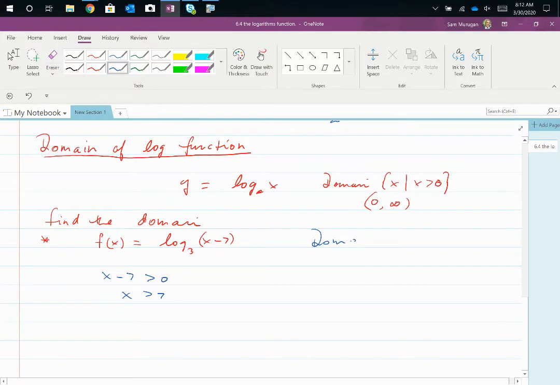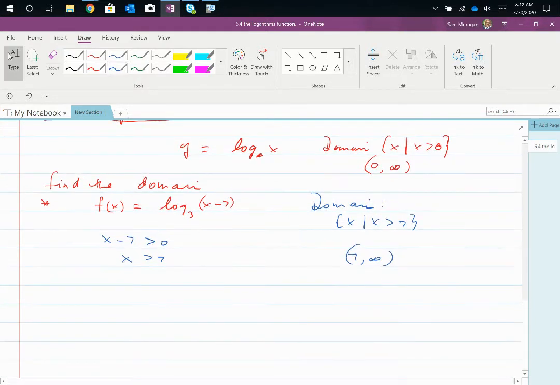Domain, all x greater than 7, or from 7 to infinity, not including 7. In other words, any number that is greater than 7 is going to result in us taking a positive logarithm.